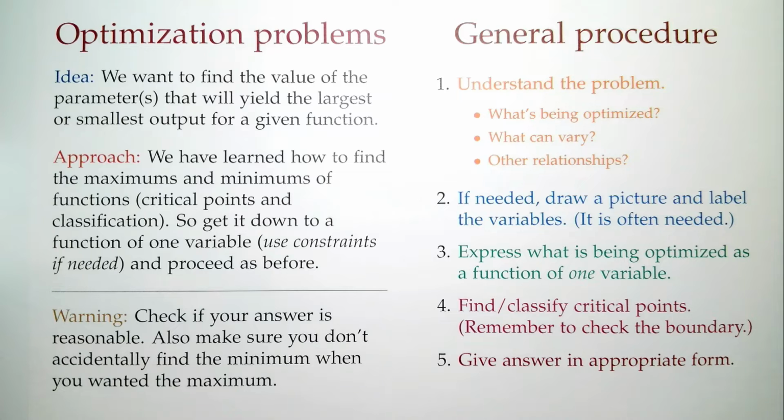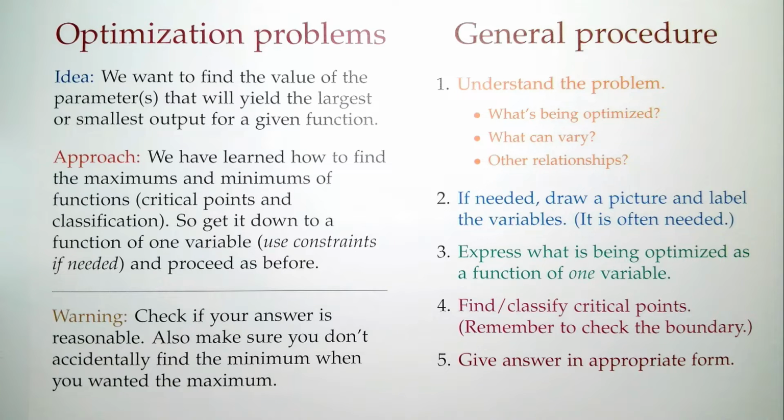Oftentimes we can use context to figure out what's happening, but we can also go further and apply tests as needed. Now there's a word of warning here: check if your answer is reasonable. What does that mean? I've had problems in the past which involved, find the height of a mountain. And I've had students write down, without even casually thinking about it, this mountain is 20,000 miles high. Now, that's pretty impressive considering Everest is somewhere around 6.